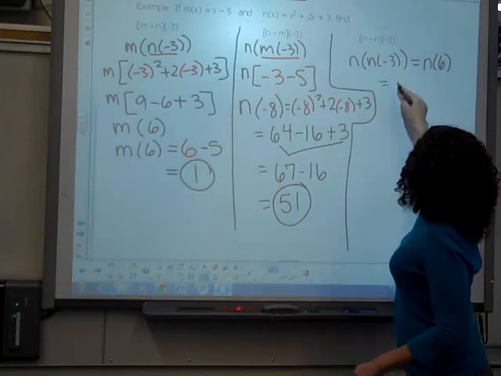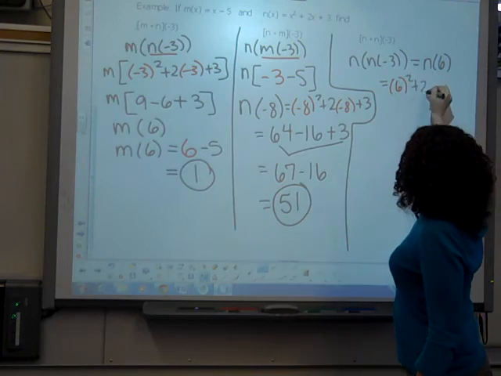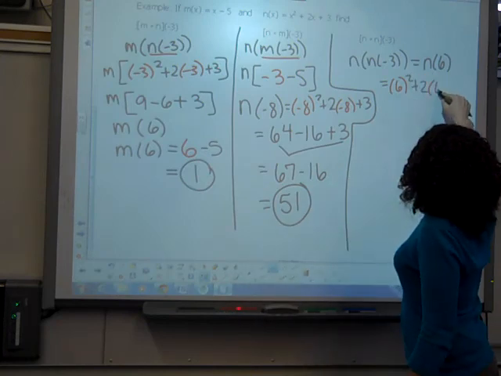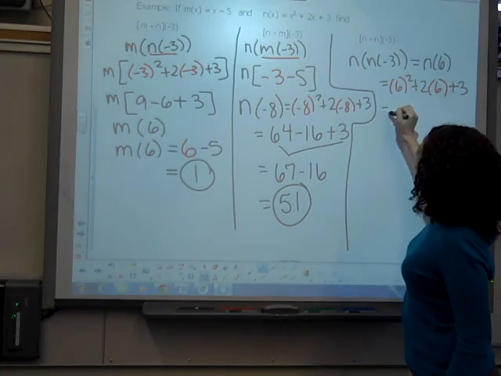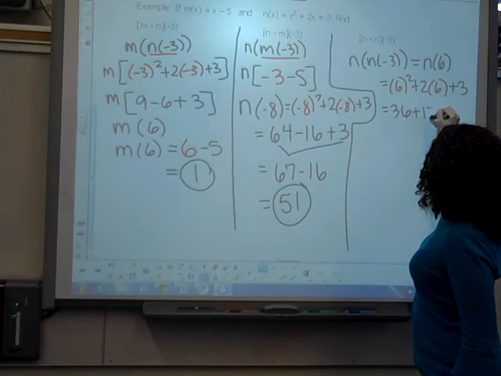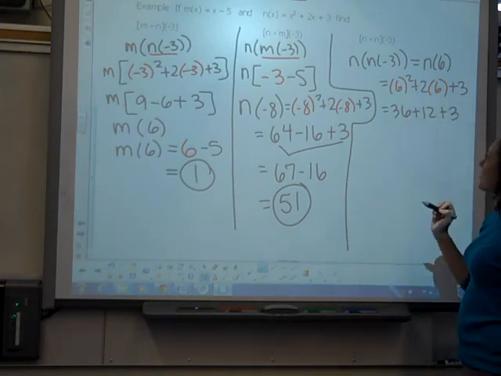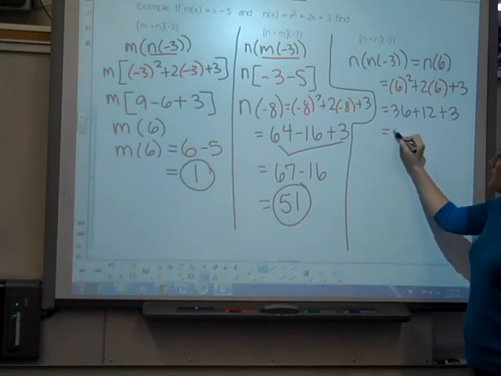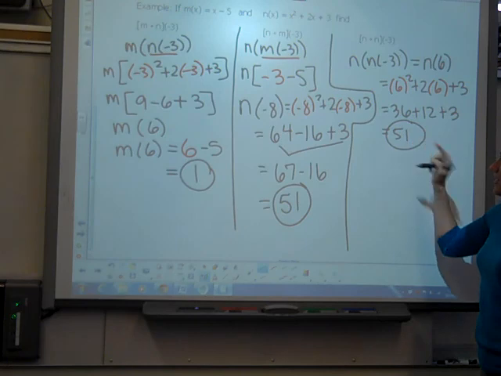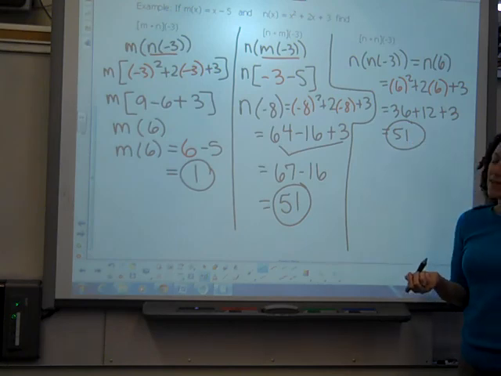So I'm going to have 6 squared plus 2 times 6 plus 3. So I'm going to end up with 36 plus 12 plus 3. 36 plus 12 would be 48, 49, 50, 51. Interesting that these two are the same. Do you think they'd always be the same? Nah, it just happened to be that way.